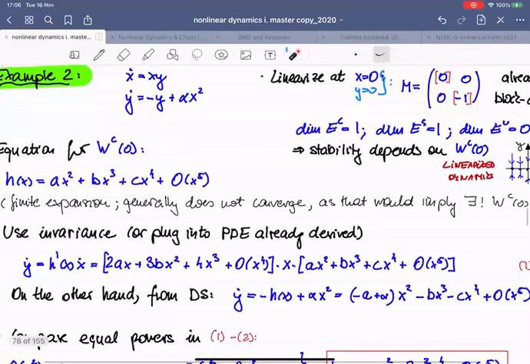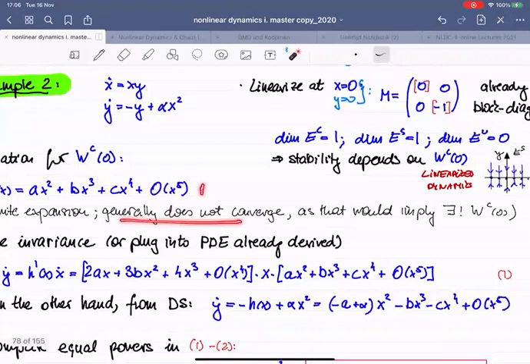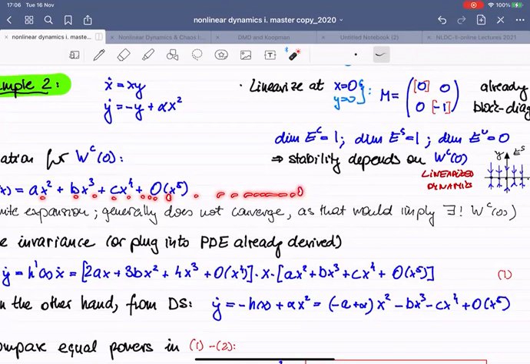Generally speaking, this approximation doesn't converge, as surprising as it may sound. So even though I can calculate individual coefficients, what I cannot do, in principle, is calculate all of them and sum this Taylor expansion, because generally speaking, it will not converge. It only converges if the center manifold is unique. So interestingly, you can calculate all coefficients, but generally speaking, this is a divergent expansion.